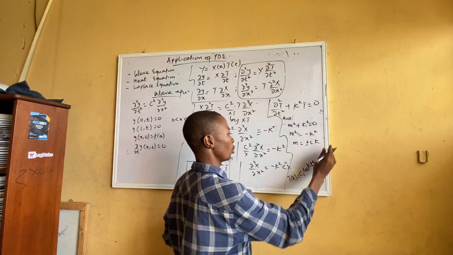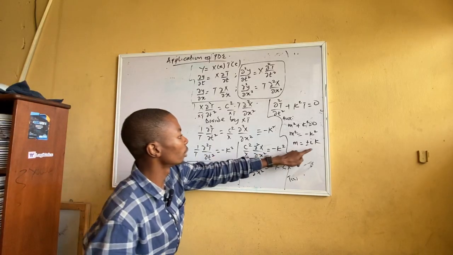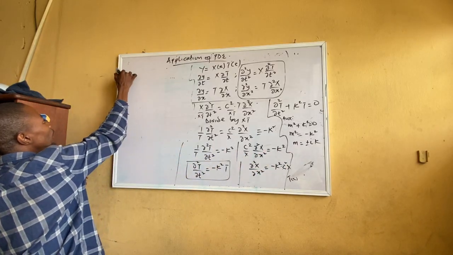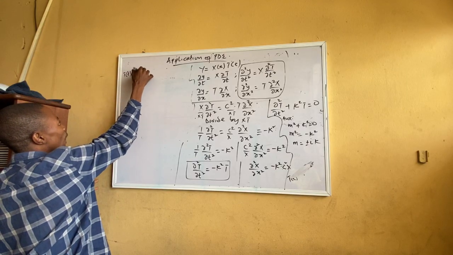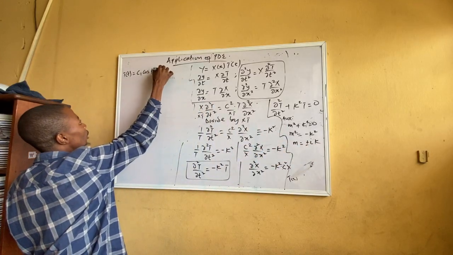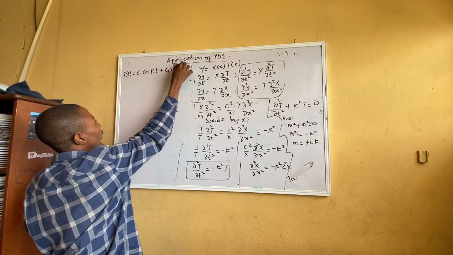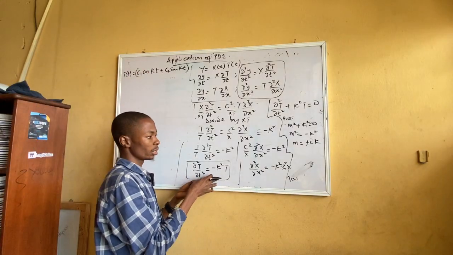Oh, sorry, viewer. So T of t equals to c1 cos kt plus c2 sine kt, right? This is the first solution of this PDE.